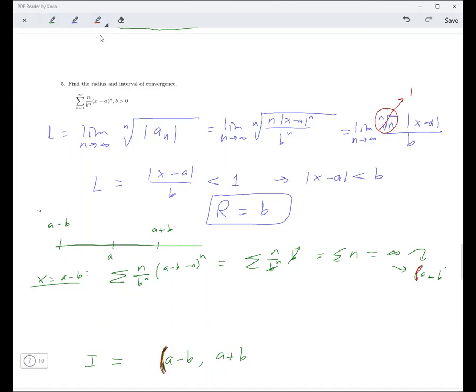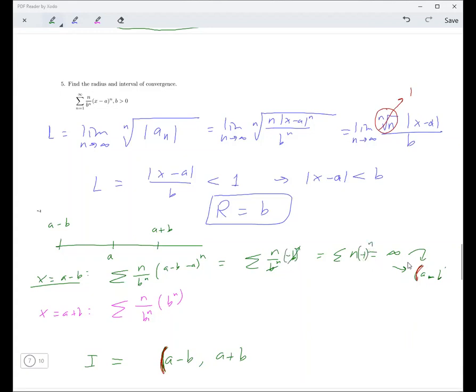And then for the other one, when x is equal to a plus b, we have n over b to the n. In the previous one, I messed up a little bit because this is negative b to the n, so it should be like this.